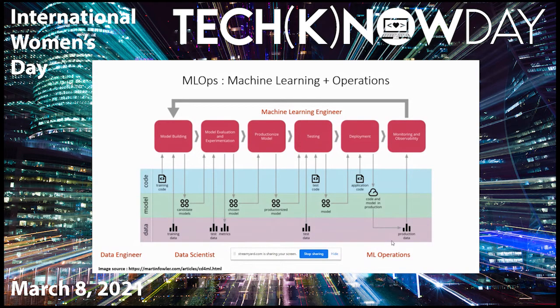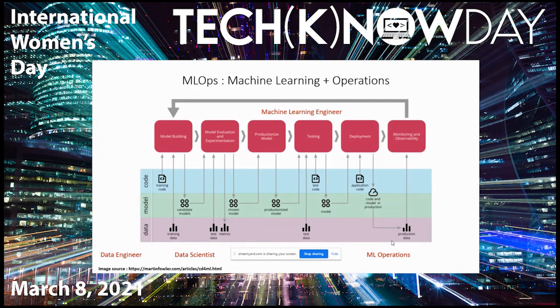Once the best model is selected, you productionize the model. After productionizing, you don't directly put it in the production environment. There will be a pre-production environment where you test it with the test data, which is also a subset of your original data, and you get the performance of the model.